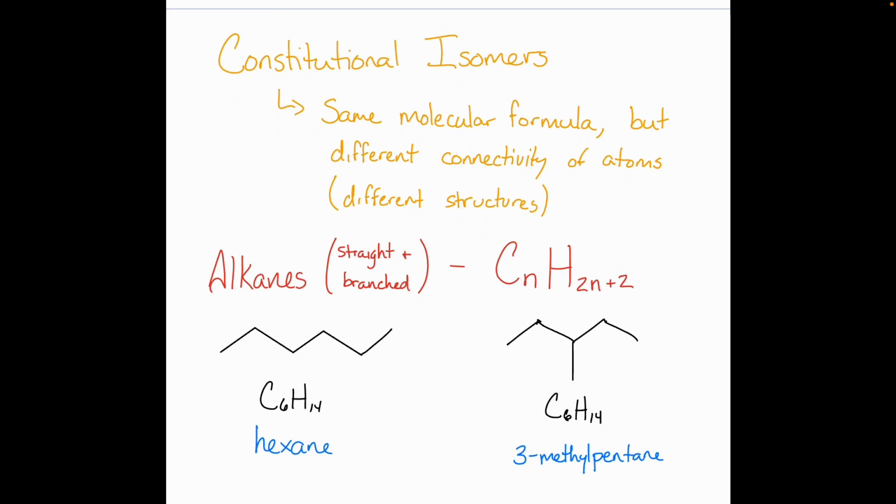And you can convince yourself that works with both of these here, right? I have 6 carbons, 6 times 2 is 12, add another 2, that gets me to 14. Okay, so all alkanes, whether they're straight or branched, will have this same formula here.